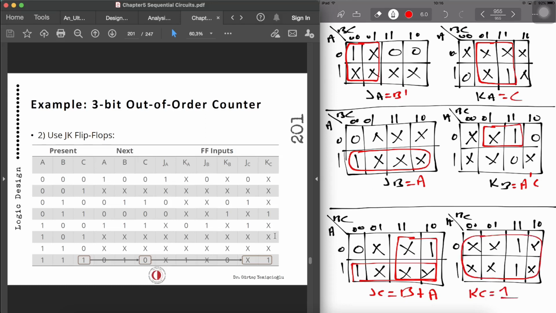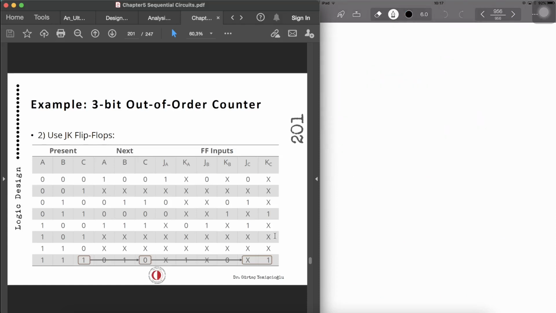So we have got all the flip-flop inputs. We know what they are now, and we can just implement the circuitry. So I'll rewrite those.